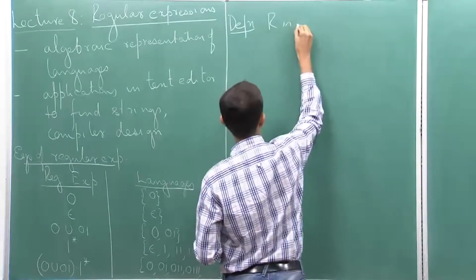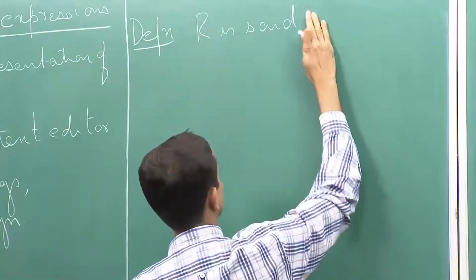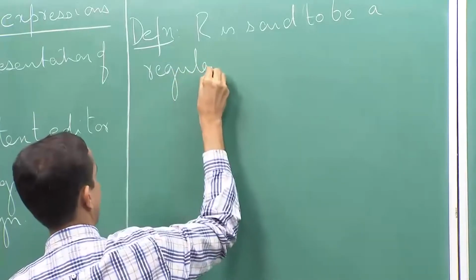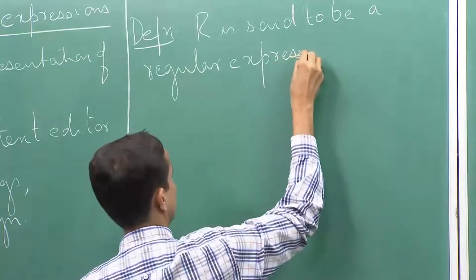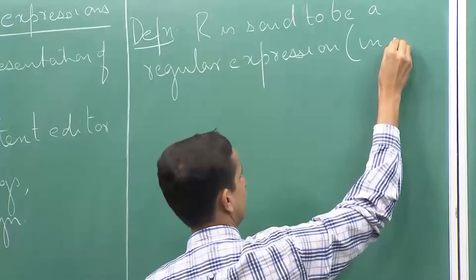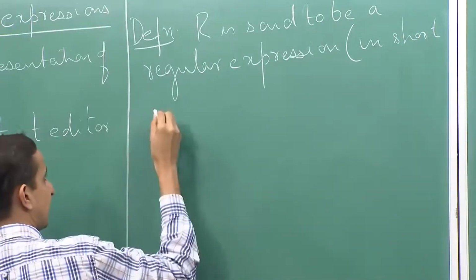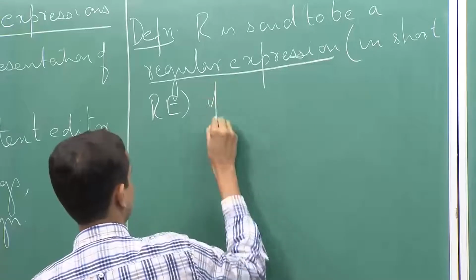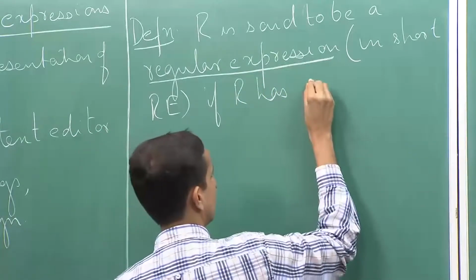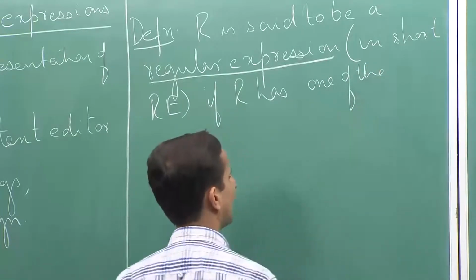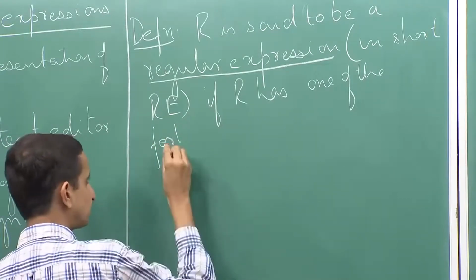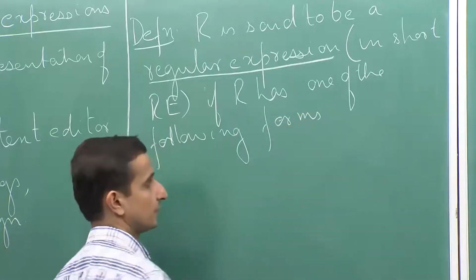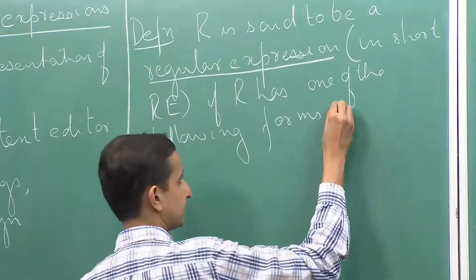So, R is said to be a regular expression, in short RE, if R has one of the following 7 forms that I am going to describe here.